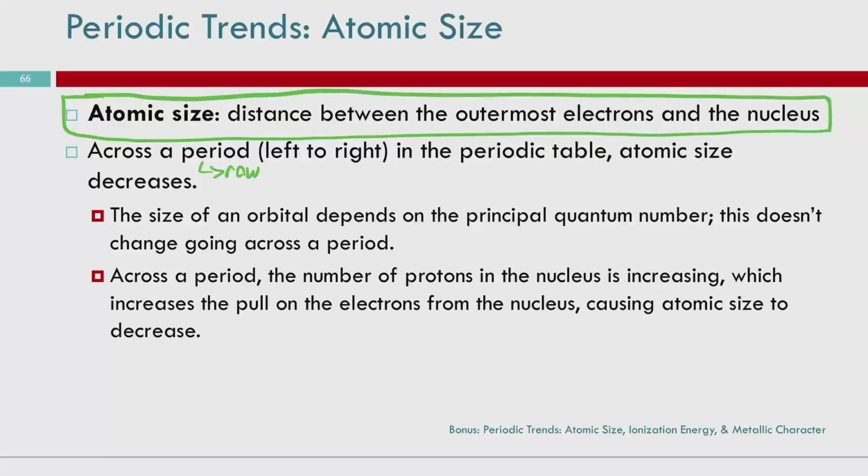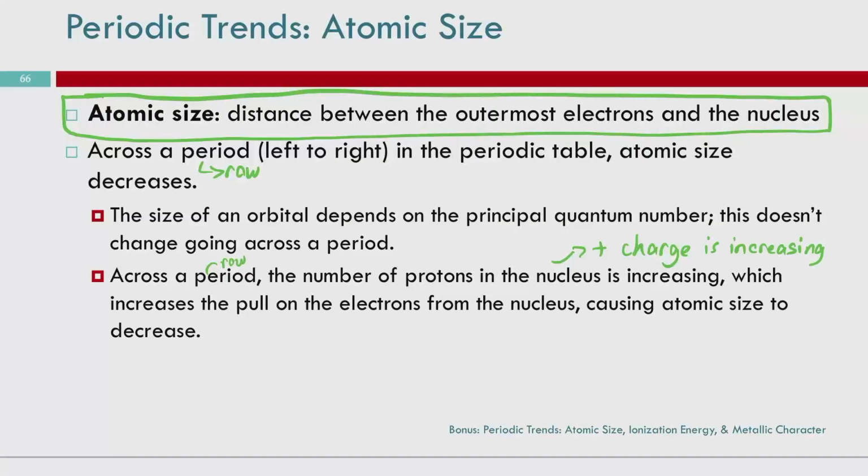As we go across a period, again, that's a row, the number of protons in our nucleus is increasing. So our positive charge at the center of our atom is increasing.